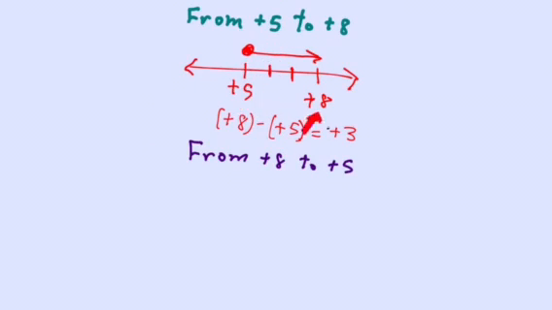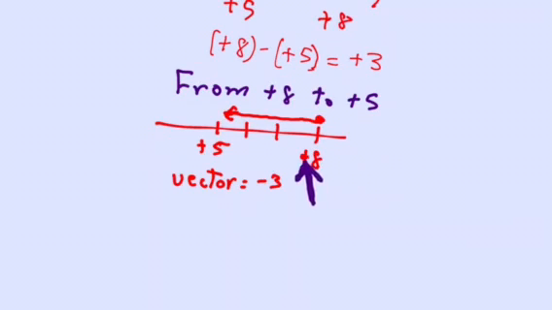Just thinking of one situation is not enough to find out what to do in general. So let's look at what we need to do going from positive 8 to positive 5. Moving from a positive 8 to a positive 5, we see there's 3 as the number of units, and the direction has to be negative because we're headed to the left. We're headed in the negative direction.